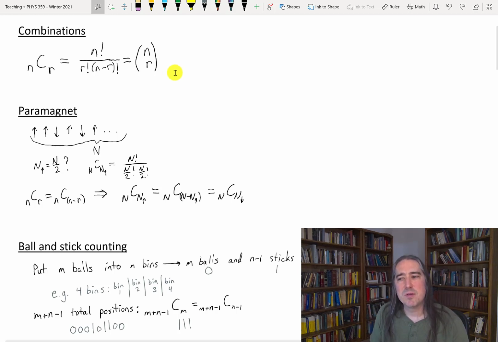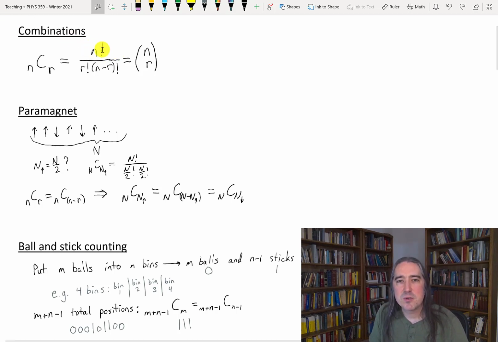Intuitively, what's happening here is that n factorial says how many different ways I can take those n things and put them in order. I'm going to call my combination the first r of these, the ones I've selected.